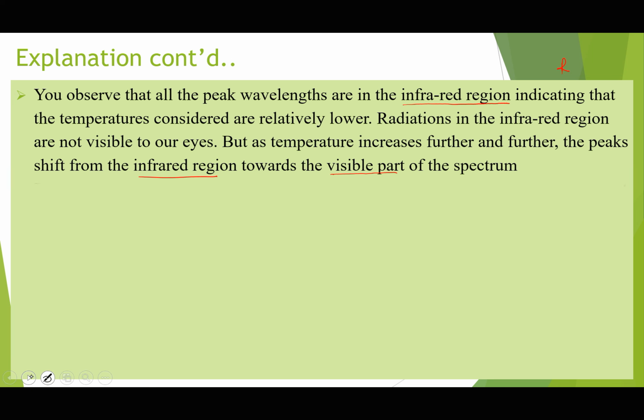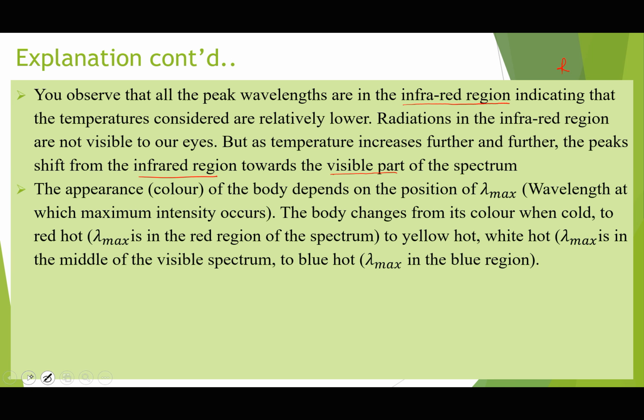And now the appearance or the color of a body is going to depend on the position of lambda max, the position of the wavelength at which the maximum intensity occurs. The body changes from its color when cold to red hot.